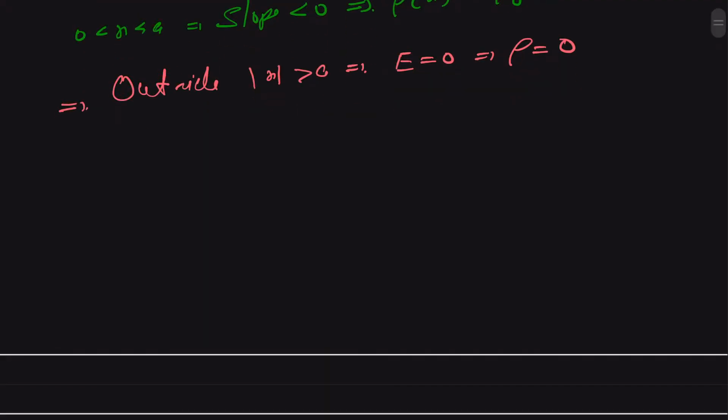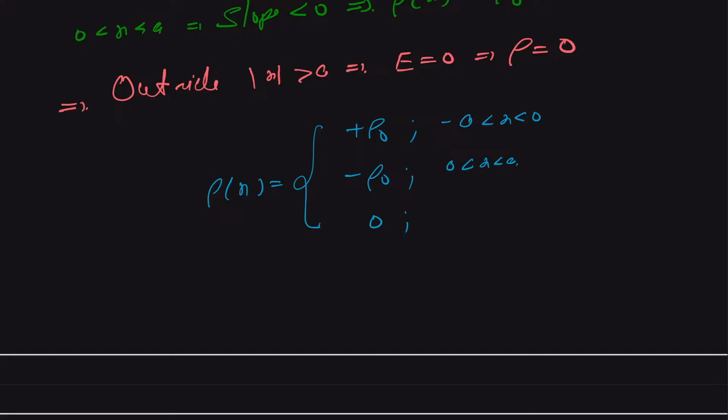So based on this, we can write that the charge density is going to have three values. First value will be plus rho naught, and this will be between minus a and 0. Second value is minus rho naught, and that is between 0 and a.